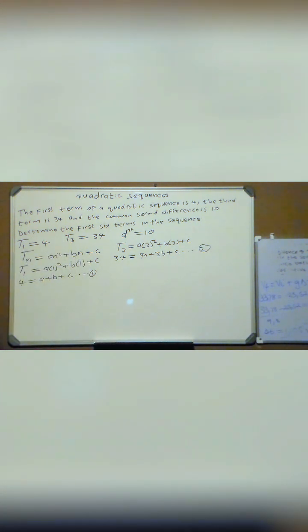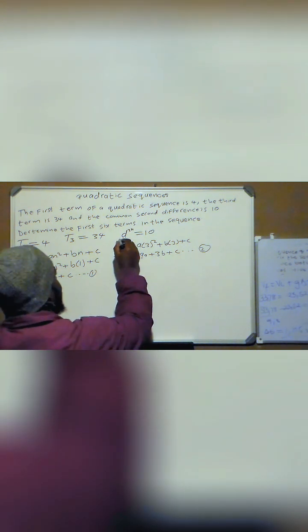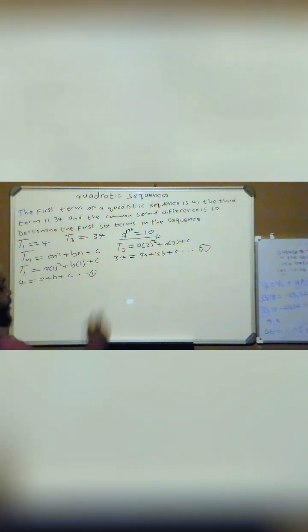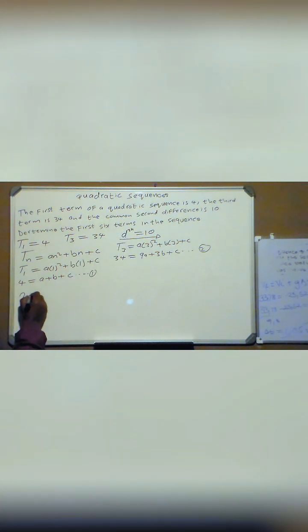But the problem here is that we have 3 unknowns, a, b and c. We should not forget that we are given the second difference of the sequence, and there we can find the value of a. Since this is the second difference, 2a equals 10, therefore a equals 5.